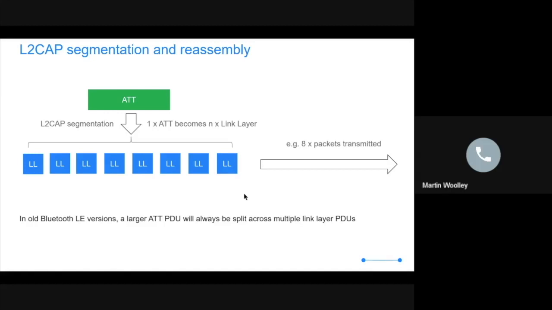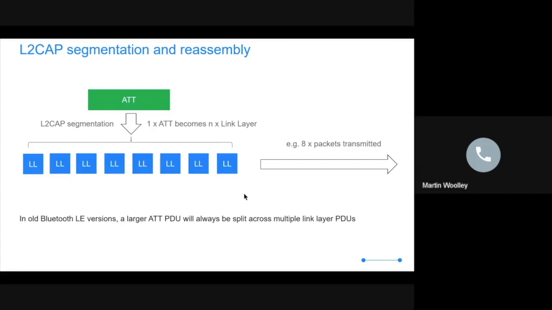It's possible that the controller is from a different manufacturer to the host, so there could be all sorts of variations. So one of the things that L2CAP does is, if necessary, it will chop attribute protocol PDUs into a series of smaller link layer packets. That's a process called segmentation, and it will do that in accordance with the MTU supported by the link layer.